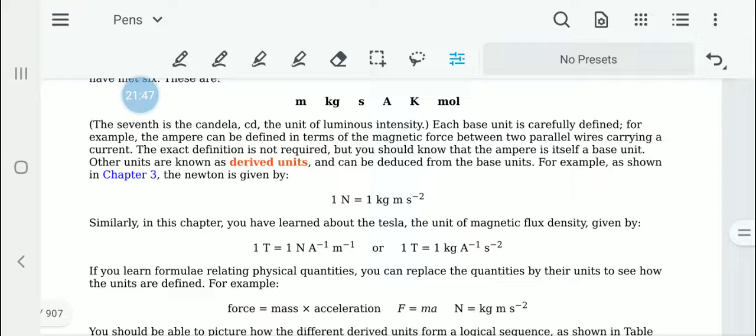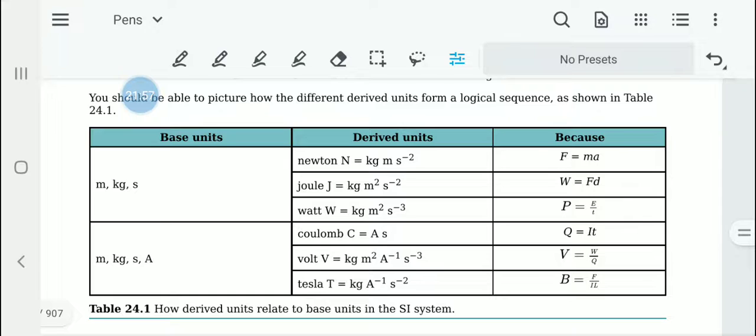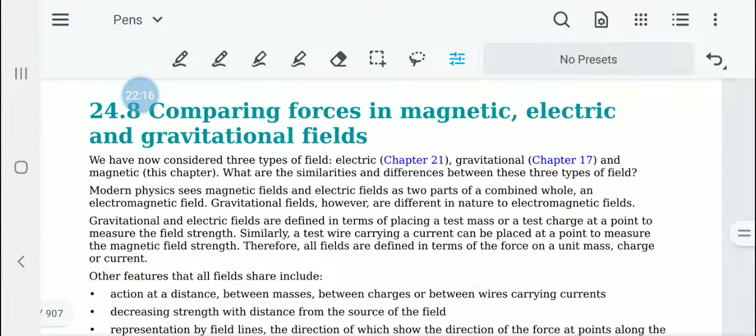Therefore, we get 1 T equals 1 kilogram per ampere per second squared. Leave a line and write, using the equations, we can derive their units using the base units. Please draw this table 24.1. If you have questions, please ask them.